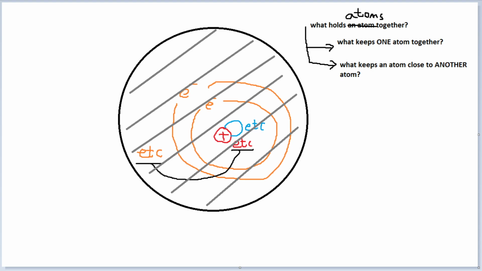Do I mean what keeps one atom from falling apart as a single atom, what stops it from splitting up into its individual pieces and not being an atom anymore? What keeps an atom as a single intact atom, together as an individual atom, instead of just falling apart into protons and neutrons and electrons?